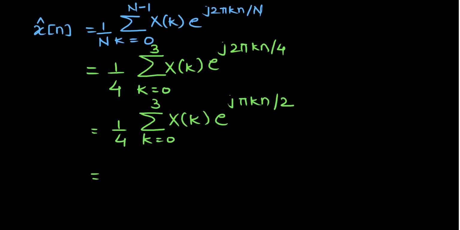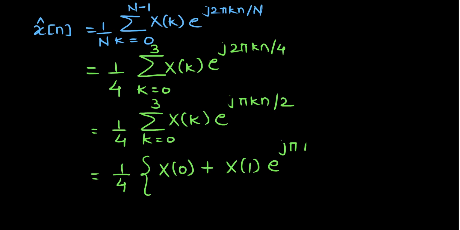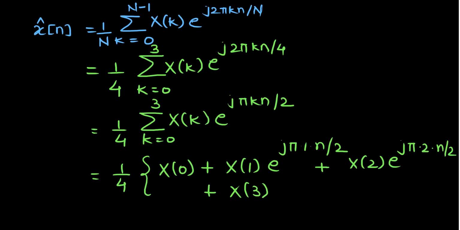And now if we expand this, we have 1 by 4 inside the bracket, x of 0 into e to the power j pi 0 n by 2, so it is e to the power 0, so it is simply 1, plus x of 1 into e to the power j pi into 1 into n by 2, plus x of 2 into e to the power j pi into 2 into n by 2, plus x of 3 into e to the power j pi into 3 into n by 2.